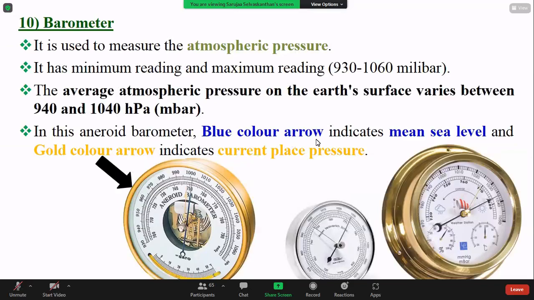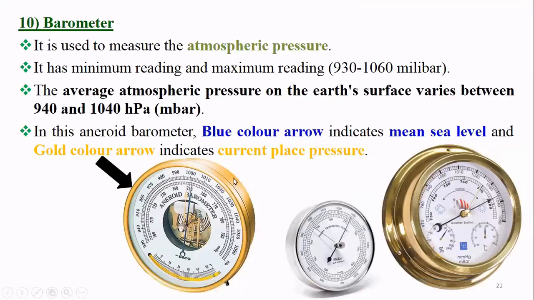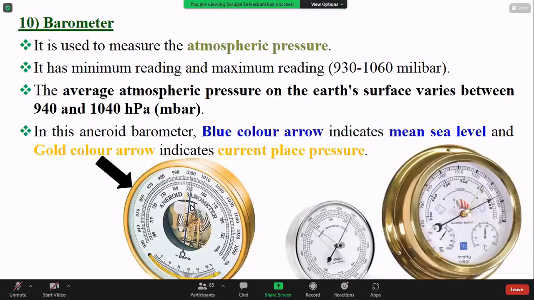A blue color arrow and a gold color arrow. Okay, the blue color arrow indicates the mean sea level.